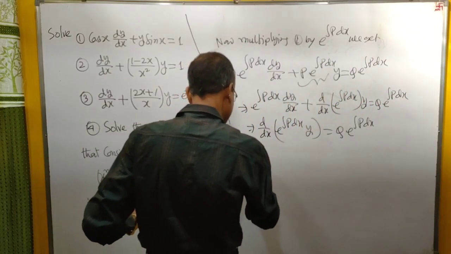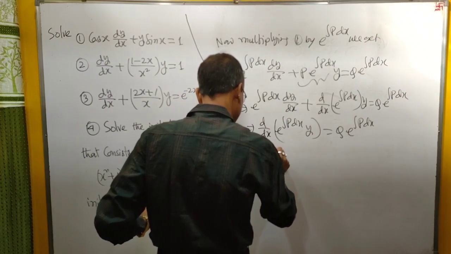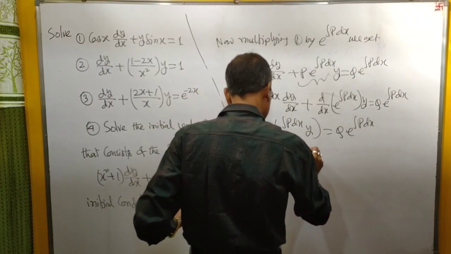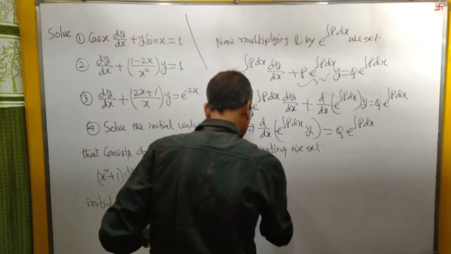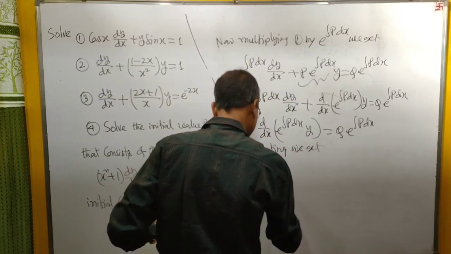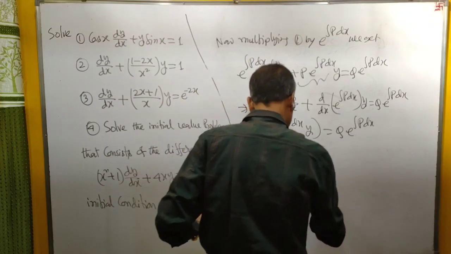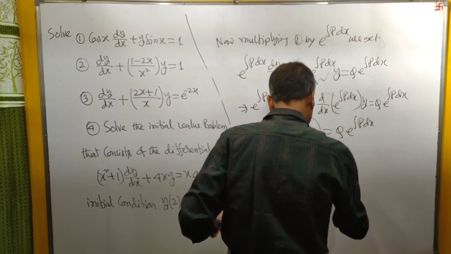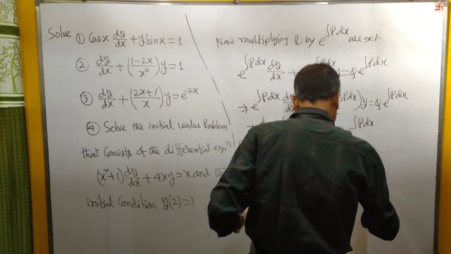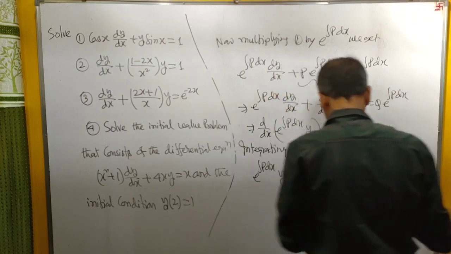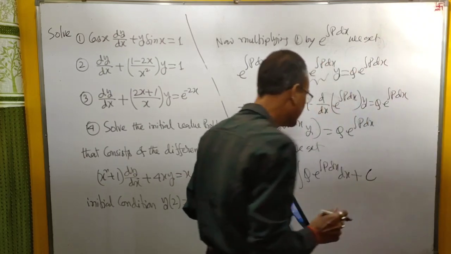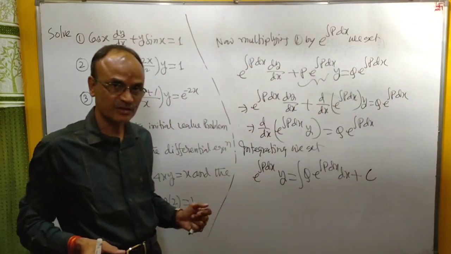Integrating, we get e to the power integral p dx times y equal to the integral of q times e to the power integral p dx, plus c, where c is the constant of integration.